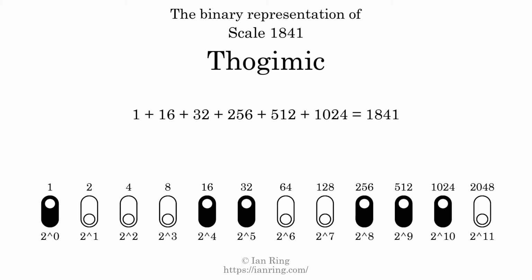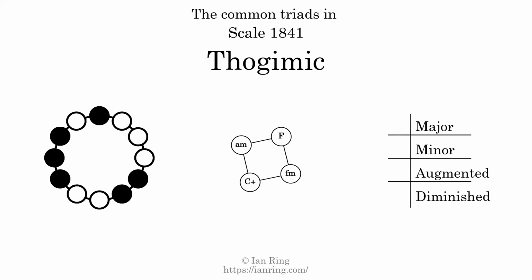That is why the scale number, in decimal, is 1841. The scale number not only enumerates the scale with a unique index, but it also literally describes the tonal content of the scale. Represented as a binary number in base 2, the scale number is 0111001100001.